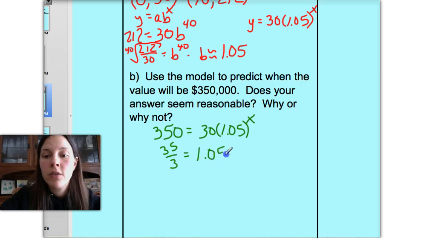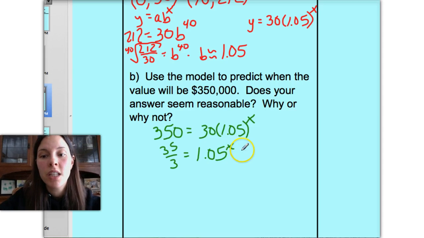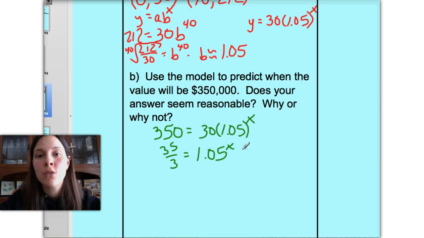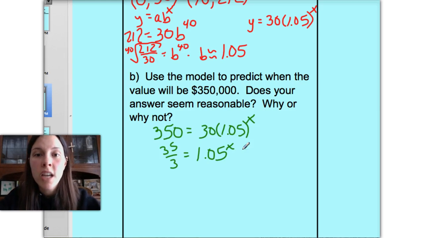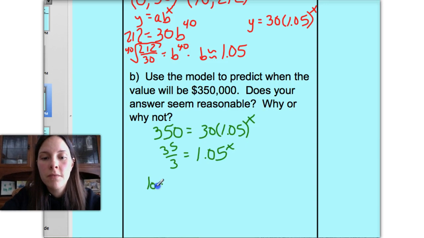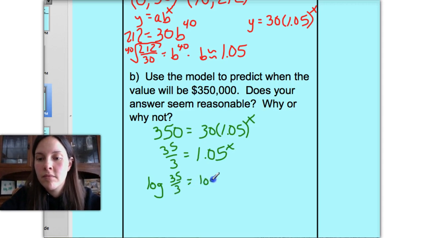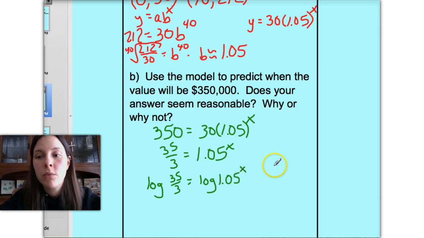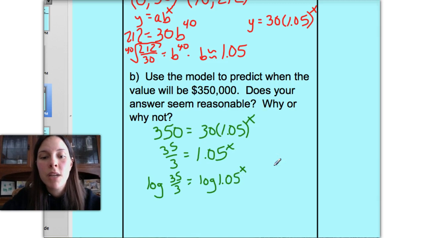And when we are solving for a value in the exponent, we need to use logs to solve. So we're going to start by taking the log of both sides. You can either use the common log or the natural log, or you can use the change of base function if your calculator has that log-based function, and some of the graphing calculators do. I'm going to use the common log, because I think I used natural log last time. And then we can use our log property that when we have a value in the exponent, it can become a coefficient.